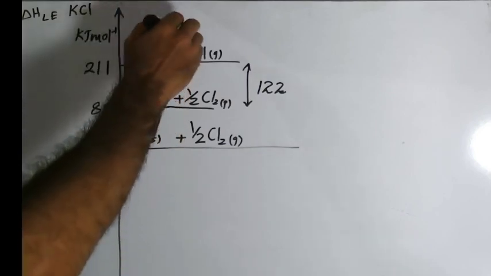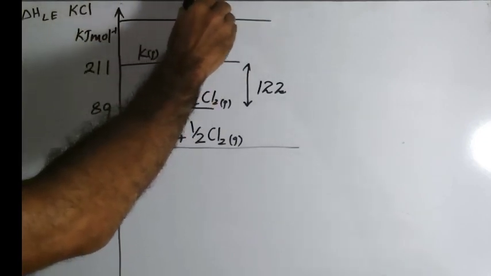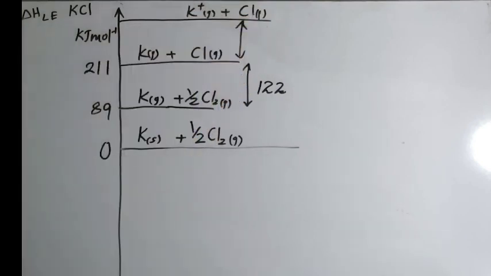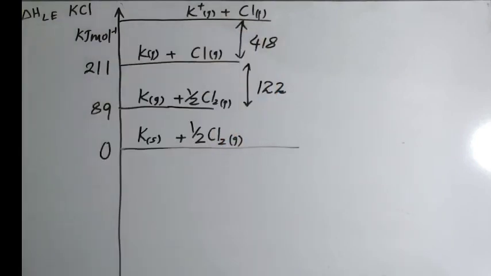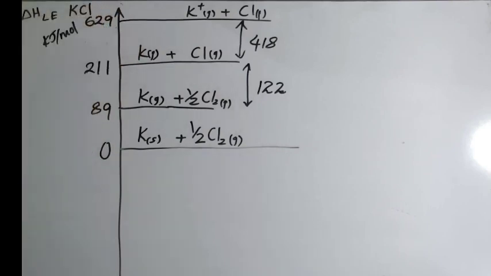Then I can go to the ionization of potassium, right here. It requires 418, the first ionization of potassium. Then I had to add 211 to 418, so this would be 629. Now we apply the electron affinity, or electron gain enthalpy, for chlorine. It is 349.